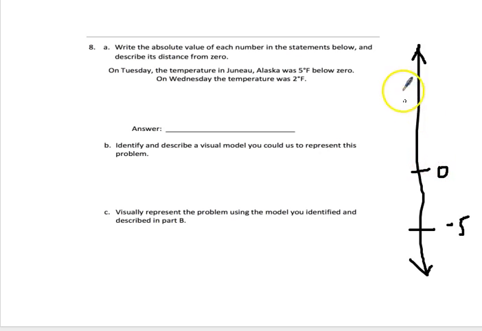And then I have 2 degrees Fahrenheit. Okay, so here's your visual number line.